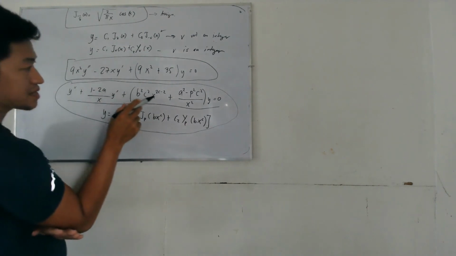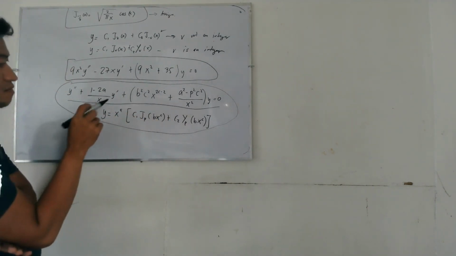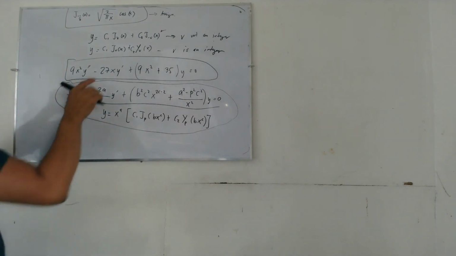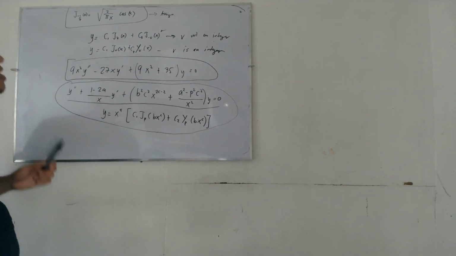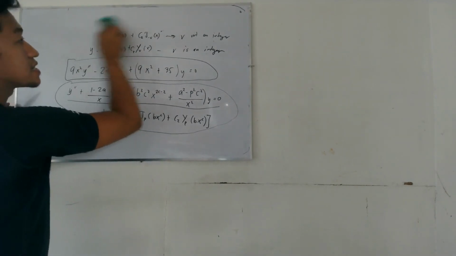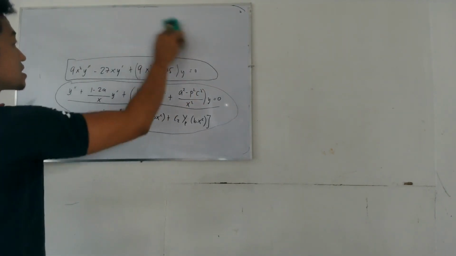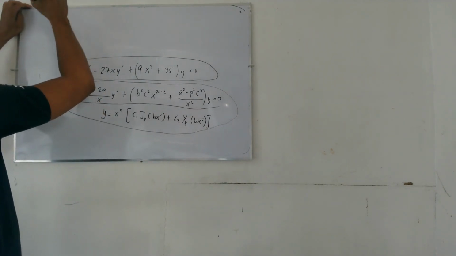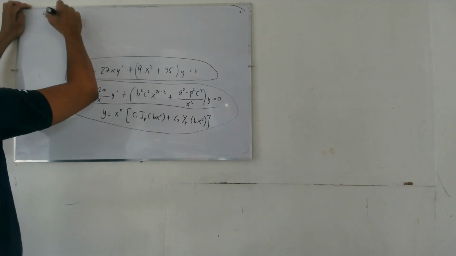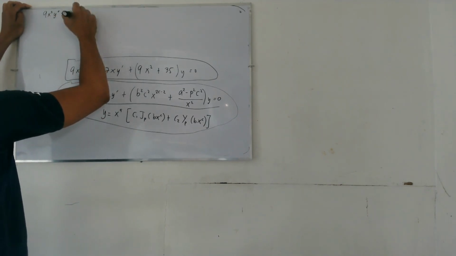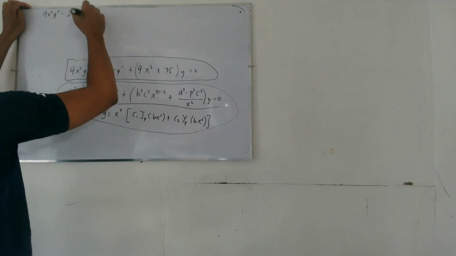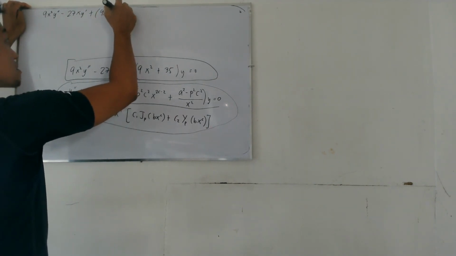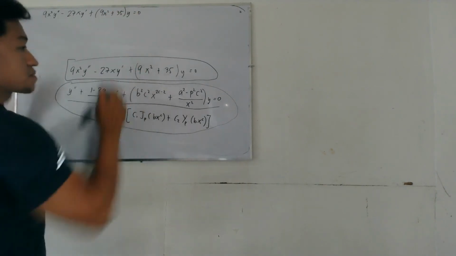Pangitaon nimo ang mga value ani variable, and then pag makuha to nimo, plug in na din mo diri, makuha na din ang solution. So let's try this. Let's try this equation. 9x squared y double prime minus 27 xy prime plus 9x squared equal to 0.